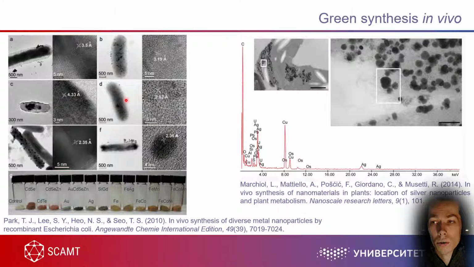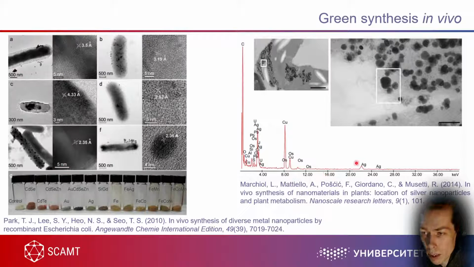You just need to put a bit of silver nitrate in the water and pour this water on your plant, and after 24 hours you will be able to find some silver nanoparticles in the leaves of your plant. So these particles really were formed within only 24 hours in some plants. And if you look at the energy dispersive analysis, you will see that, of course, there's some copper, because it's a copper mesh used to visualize these particles.